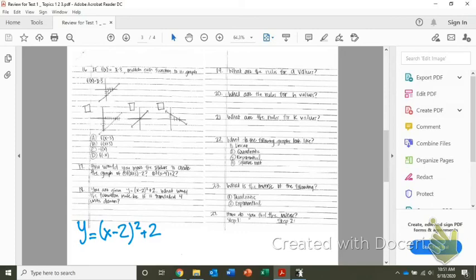No. So you're simply going to keep x minus 2 squared. Now, I start at positive 2, but I'm going down 4. So 2 minus 4 is negative 2. Okay?